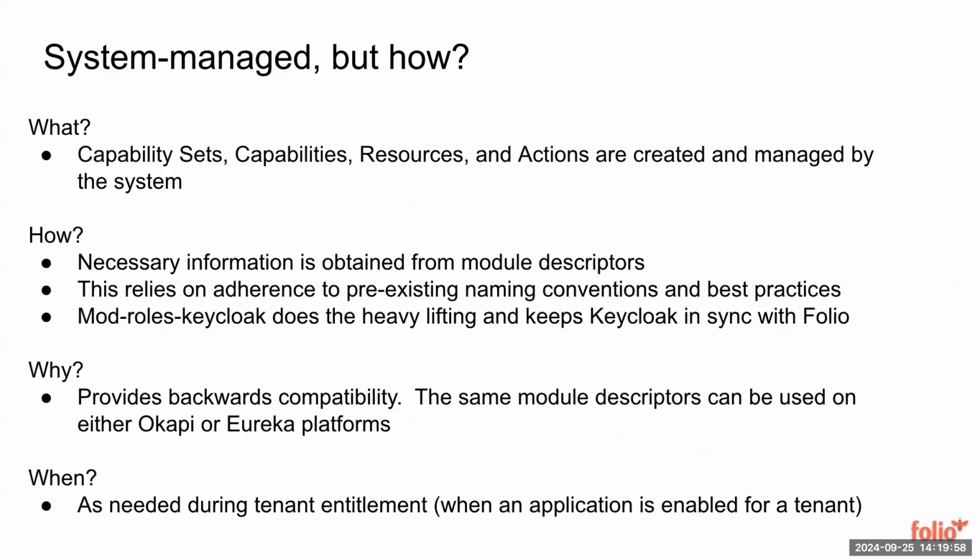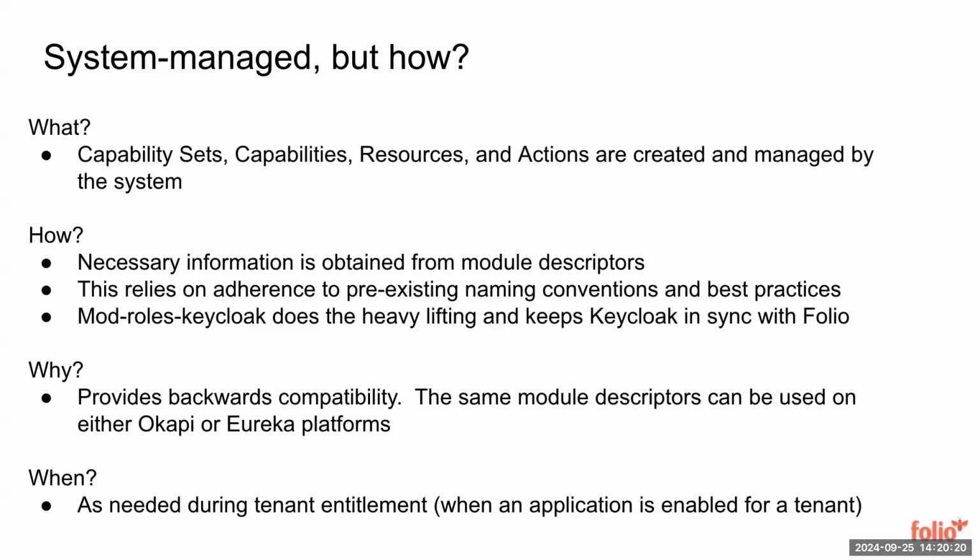Next. Yeah. All right. So I mentioned earlier, what is system managed? What is user managed? And so for the system managed things, how does all this work, right? So first, it's the capability sets, the capabilities, the resources and actions. And those of you that attended the previous session probably know some of this already, right?